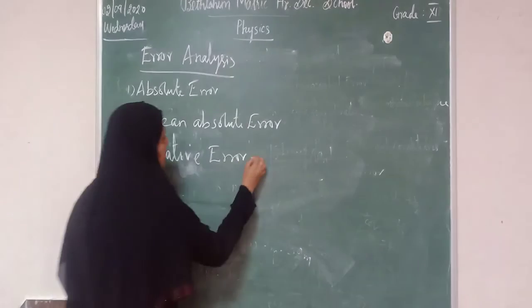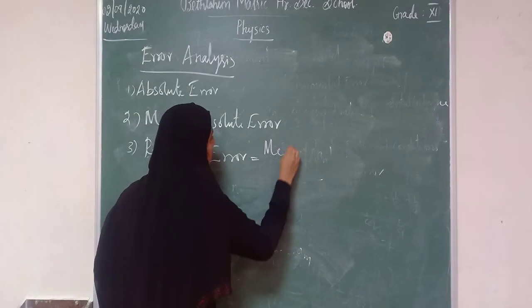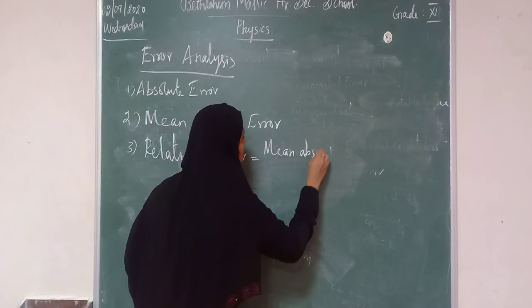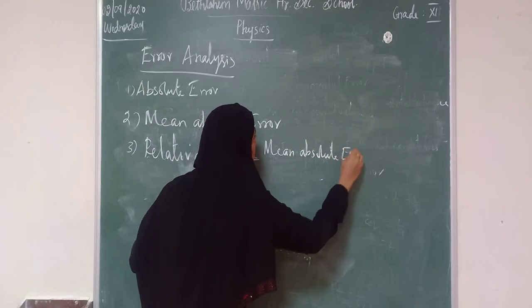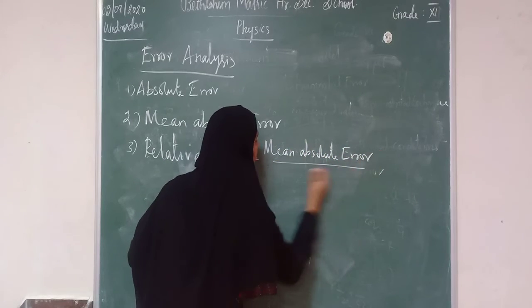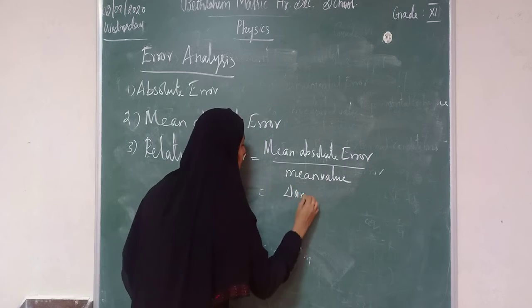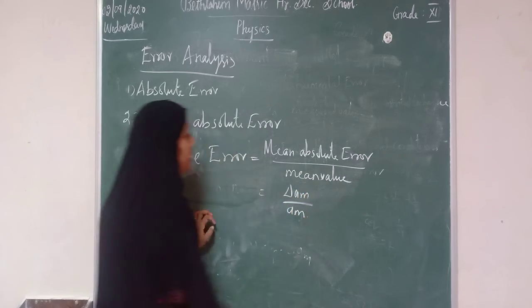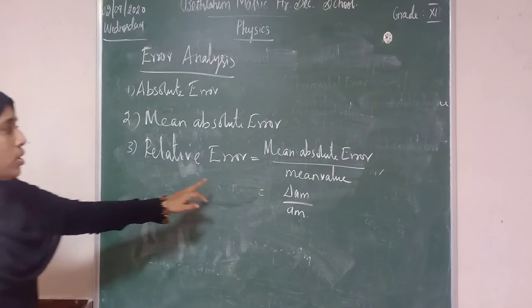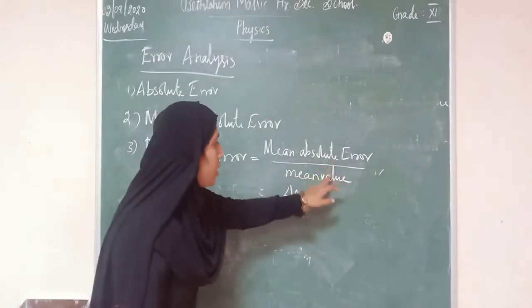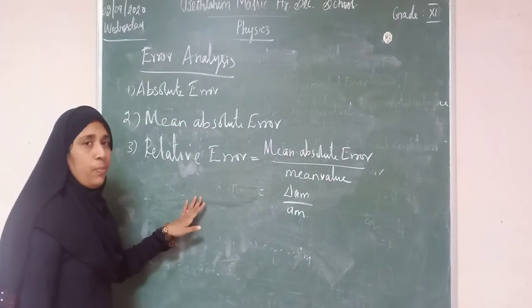That can be written as mean absolute error divided by mean value. So delta AM by A. Relative error is equal to the ratio of mean absolute error to mean value.